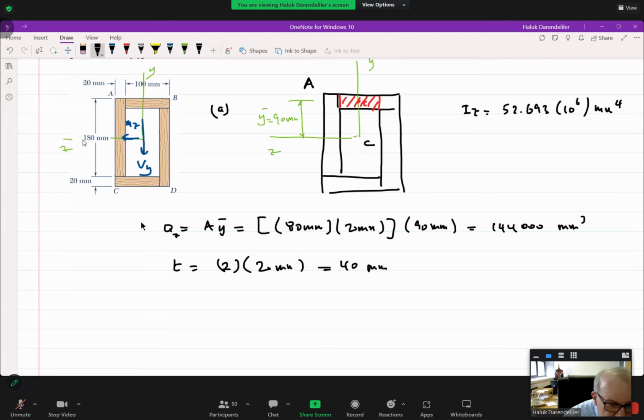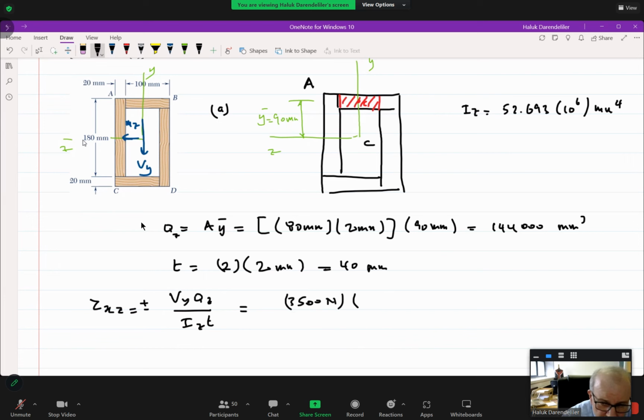the tau, what are the subscripts of the stress, friends? Tau on the x plane in the z direction. It is plus or minus Vy Qz over Iz times T. So for this problem, Vy is equal to 3,500 newtons.